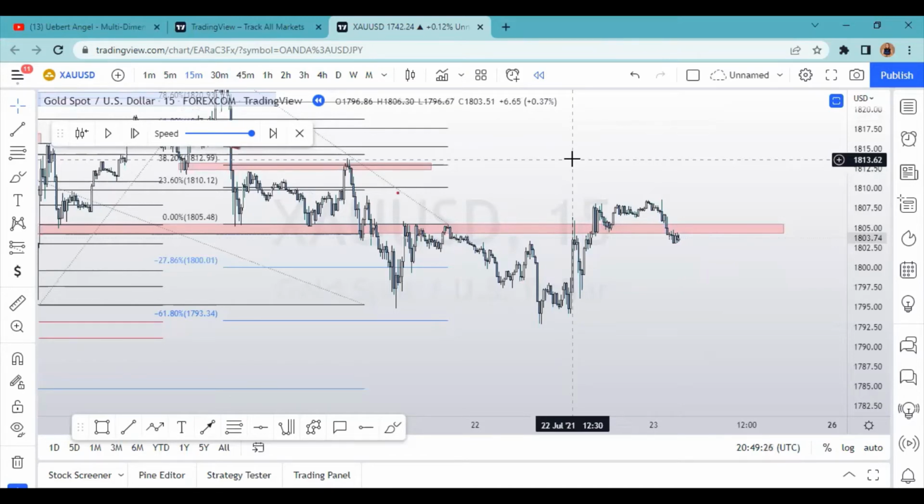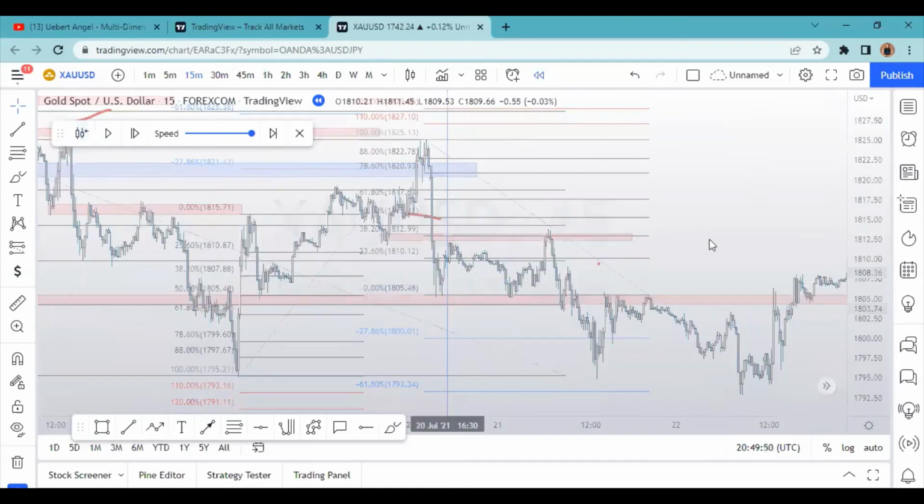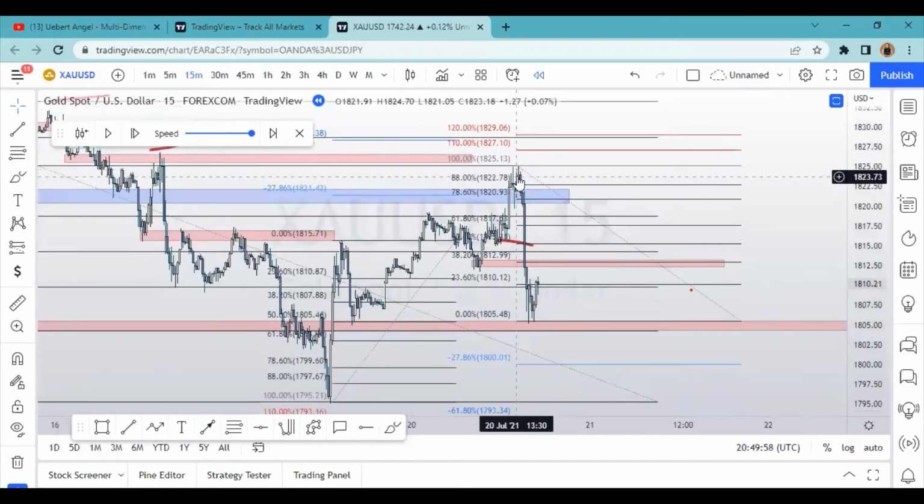Okay, so your support did not test, you didn't have a valid retest for you to enter. A retest happened on another time frame that you were not looking at, but because it wasn't happening on your time frame, it wasn't valid for you. So for example, if you were waiting for your own retest around this area, and then it had already gone down and dropped, you already missed this entry here.